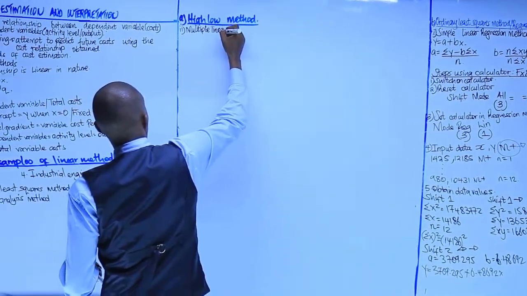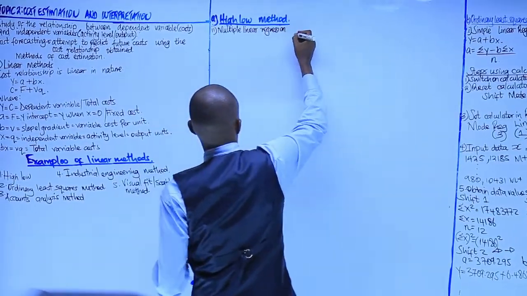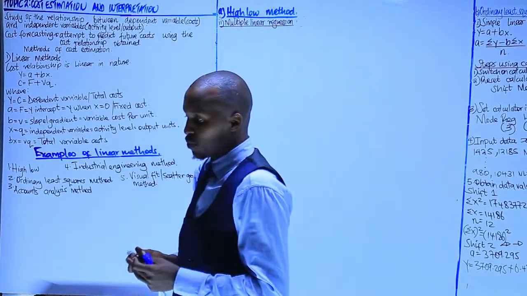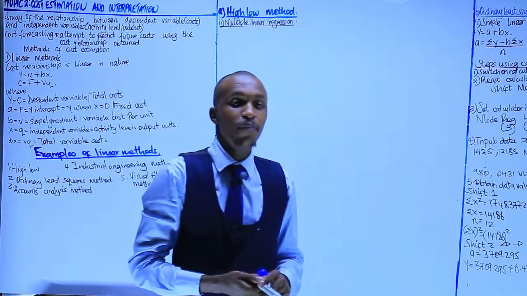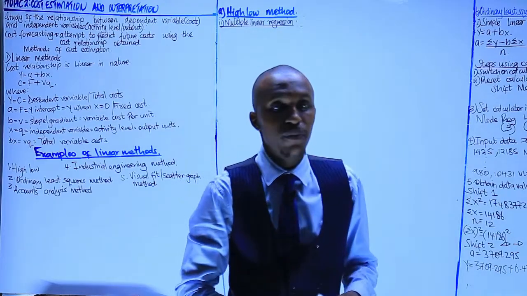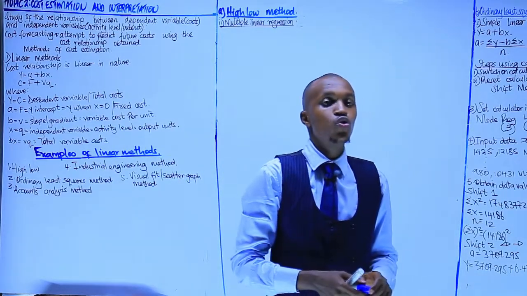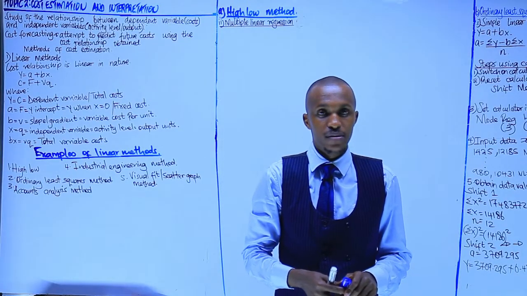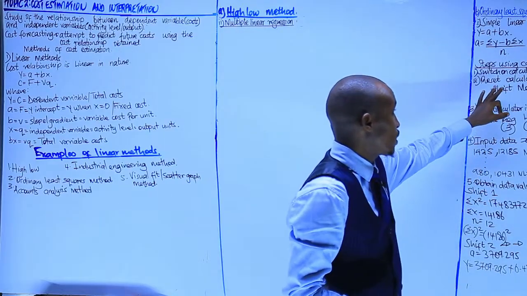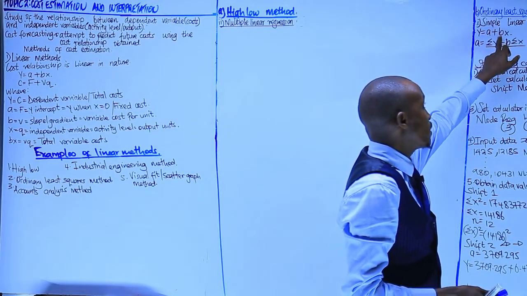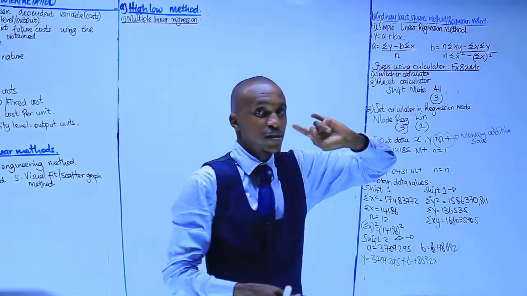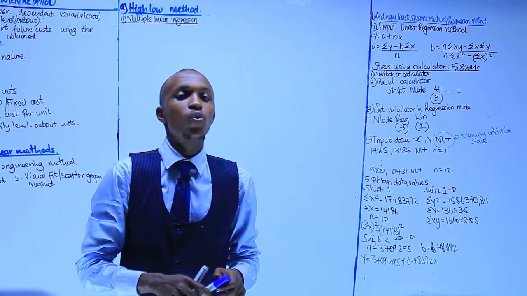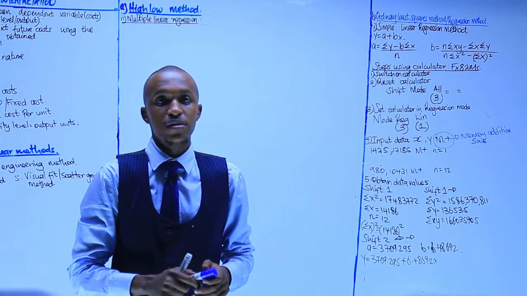Multiple linear regression method. This is a regression method you use when you have more than one independent variable x. When we talked about simple linear regression, y is equals a plus bx, x is only one independent variable. But it is possible that you have more than one factor affecting your costs.